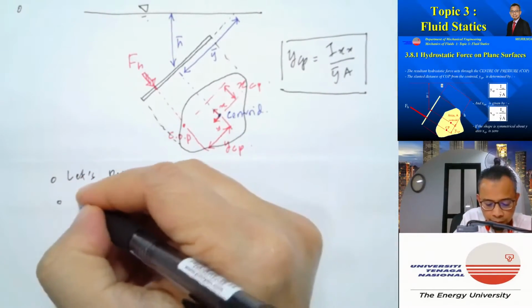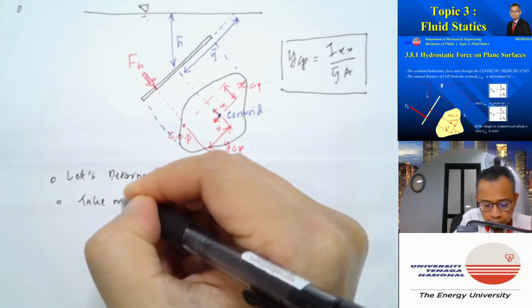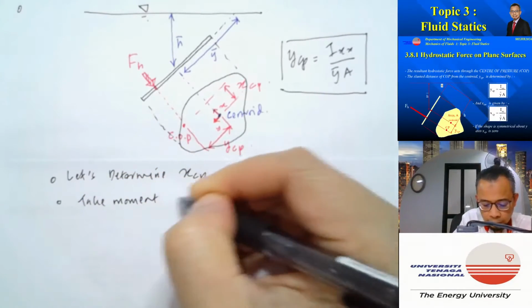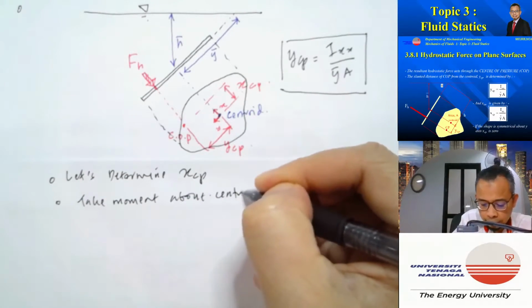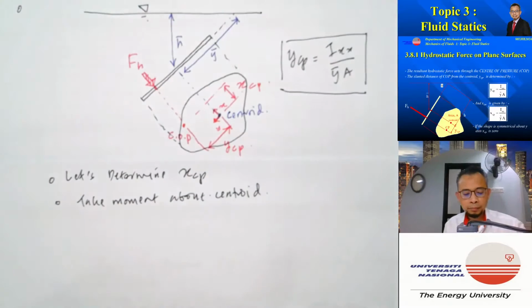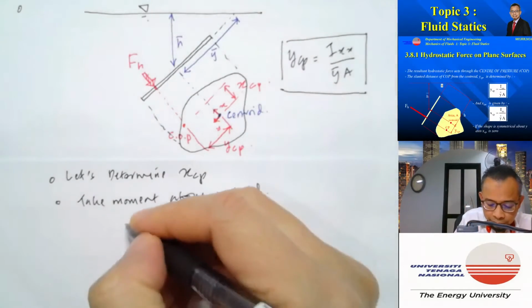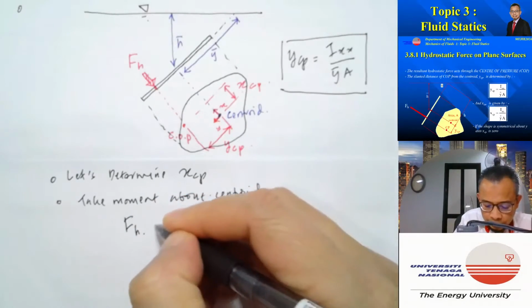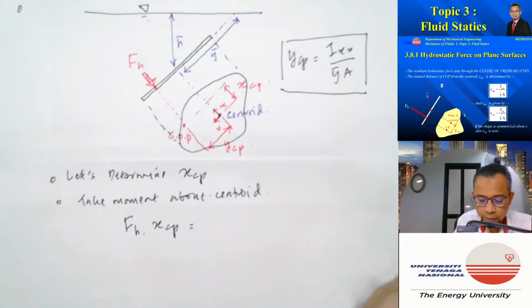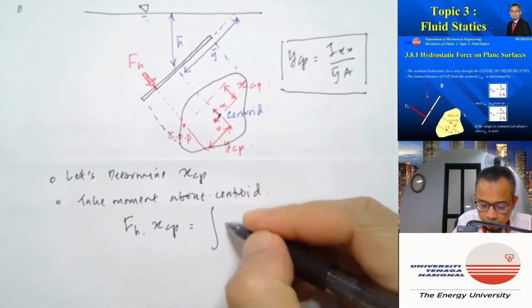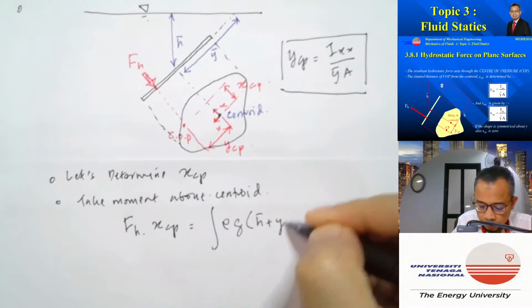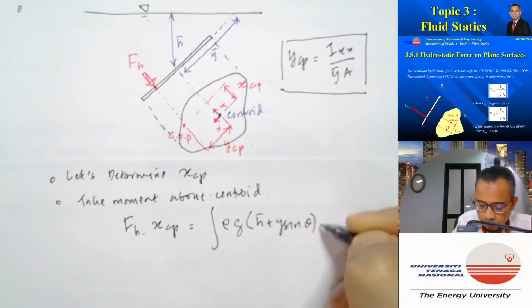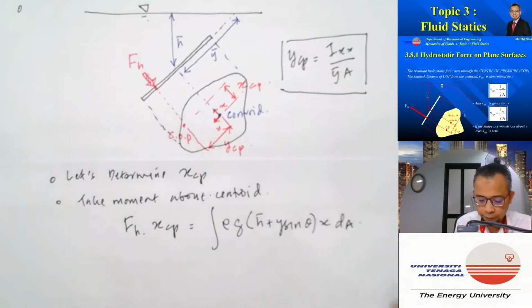So again, take moment about the centroid, but this time the arms will be x. So we will have FH XCP must be equal to rho g (h bar plus y sine theta) x dA.